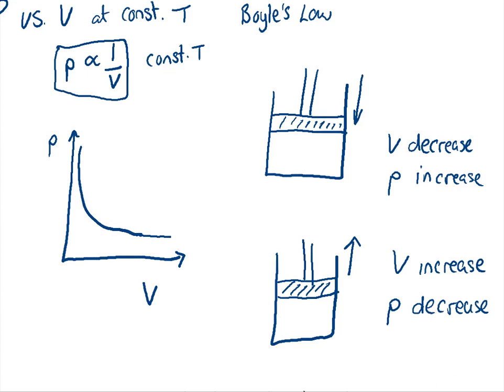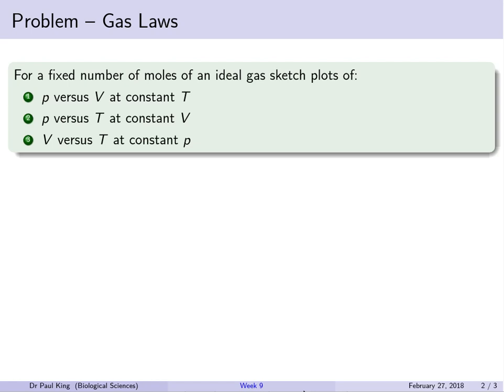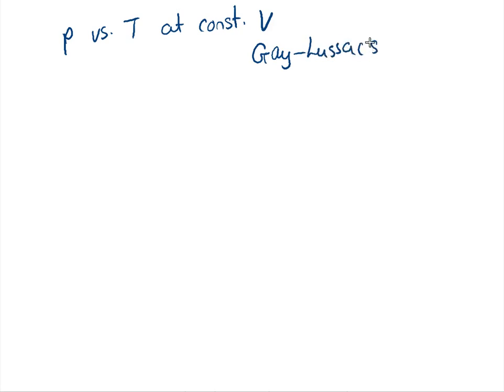Okay, the second graph that we have to look at is pressure versus temperature at constant volume. Okay, so we've got pressure versus temperature at constant volume. And this is an example of Gay-Lussac's law.